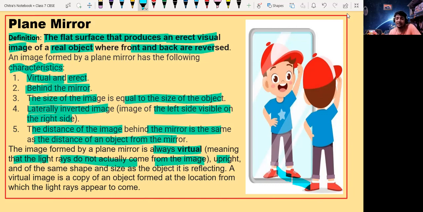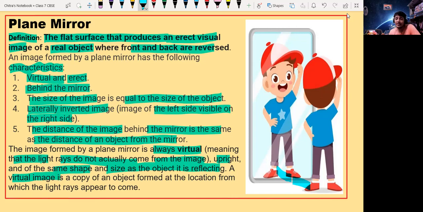The image has the same shape and same size as the object which is right in front of the mirror. So there is very little difference between the image and the object.